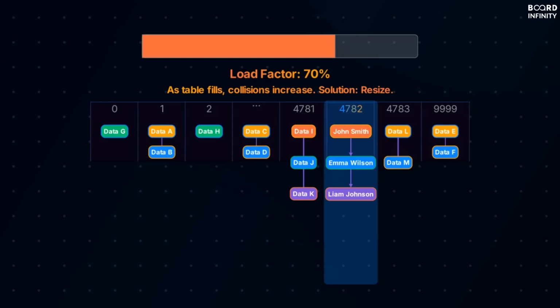To maintain optimal speed, the solution is to resize the hash table, creating a larger array when it gets too full. This state, with a high load factor of 70%, signals that the table is approaching its performance limit. Understanding when and how to resize is crucial for maintaining the efficiency benefits of hash tables in real-world applications.